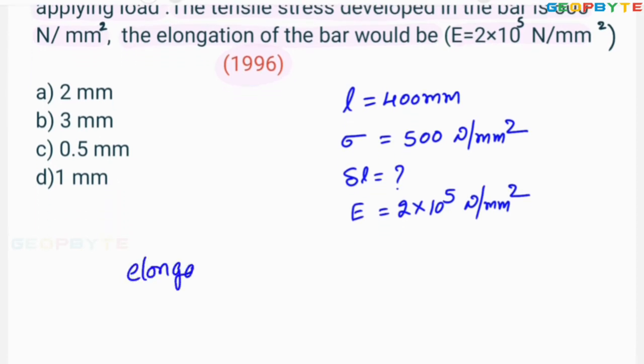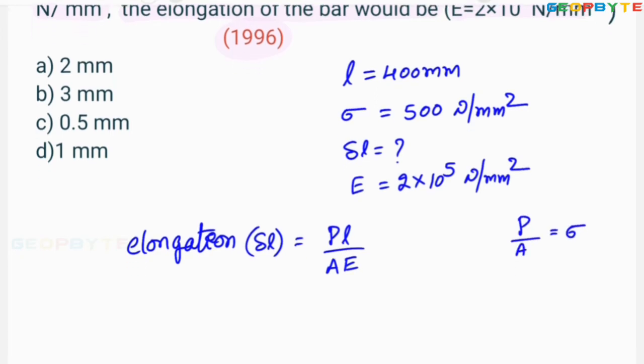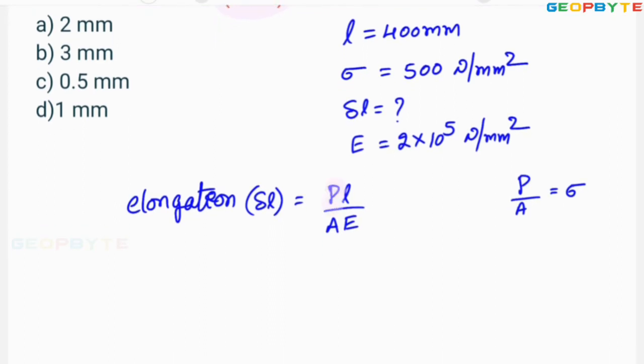Elongation or extension or change in length, delta L equals the general formula PL by AE. But P by A, load by area, equals stress sigma. Therefore, P by A you can write as sigma. It is equal to sigma L by E.